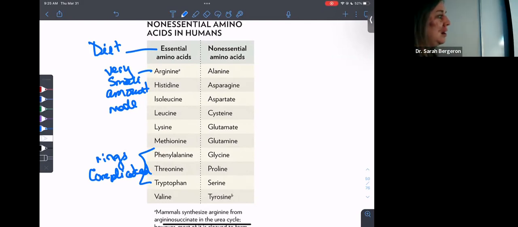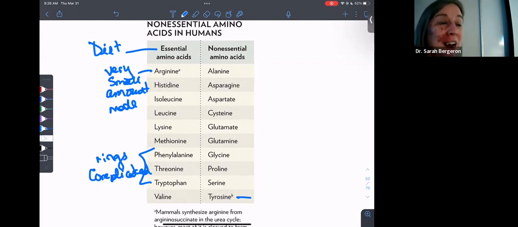Is there something that has a ring that's non-essential? Proline is not necessarily a ring because it comes back to the backbone. Threonine does not have a ring. It's complicated. It doesn't have a ring, but it's complicated.